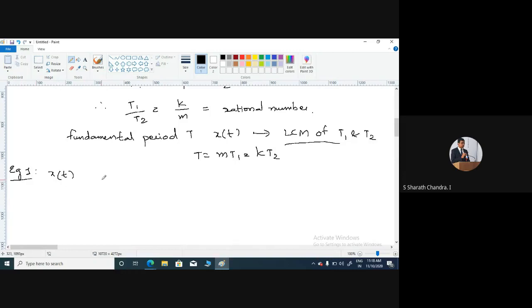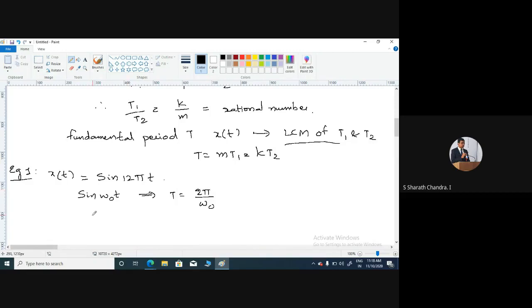I consider x of t is equal to sine 12 pi t. In the previous lecture, we have already shown that sine omega naught t is a periodic signal when capital T is equal to 2 pi by omega naught.